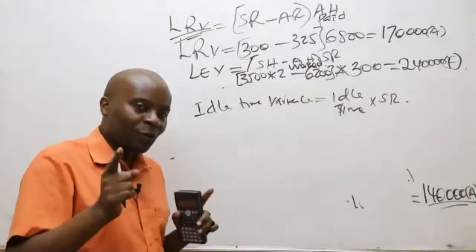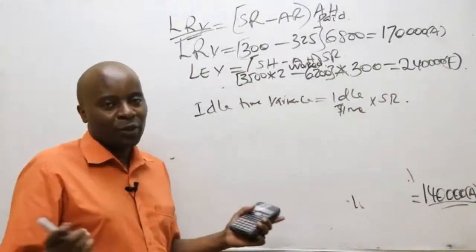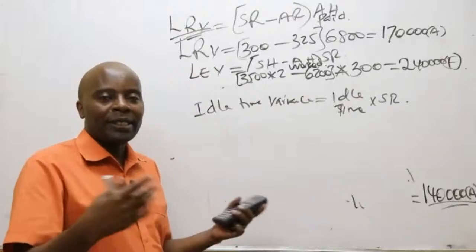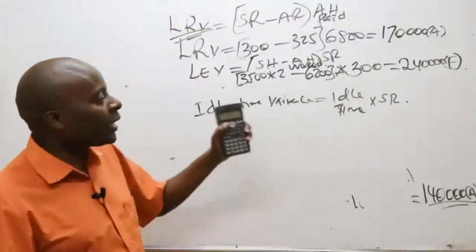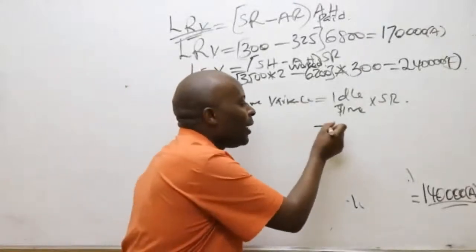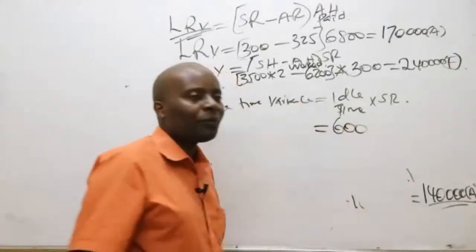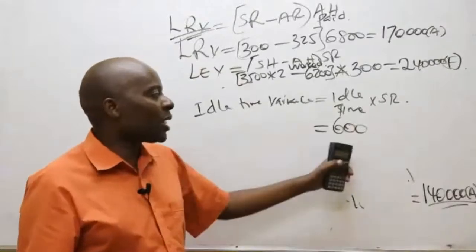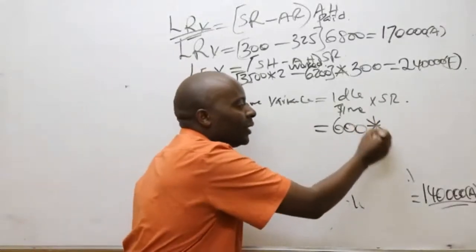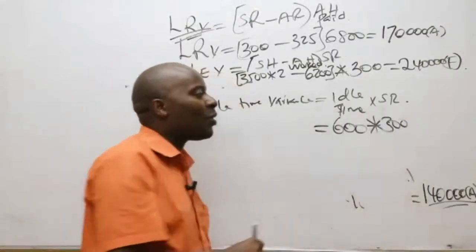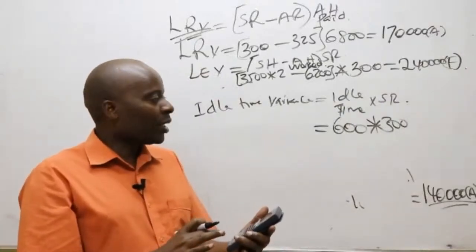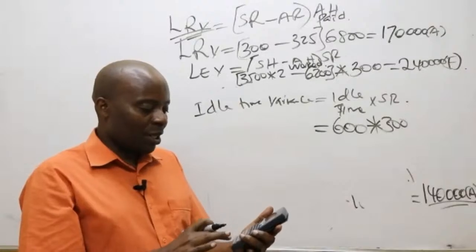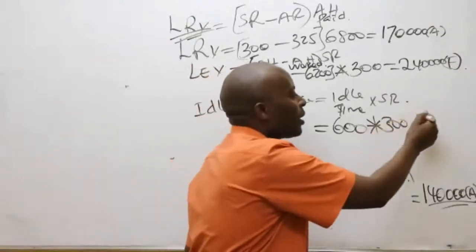They never worked for you, but you paid them, perhaps because they went gossiping or the machine broke down, but you are still paying them. So you take that idle time, 600, multiplied by the standard rate of 300. So 600 times 300 ends up giving us 180,000.